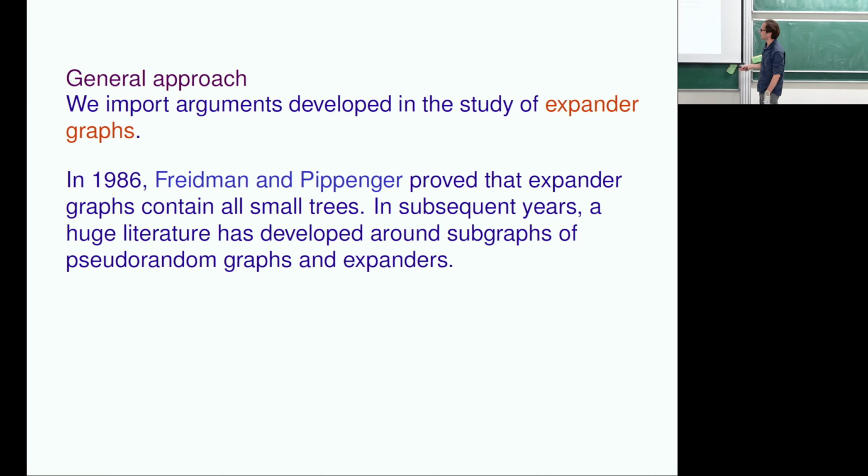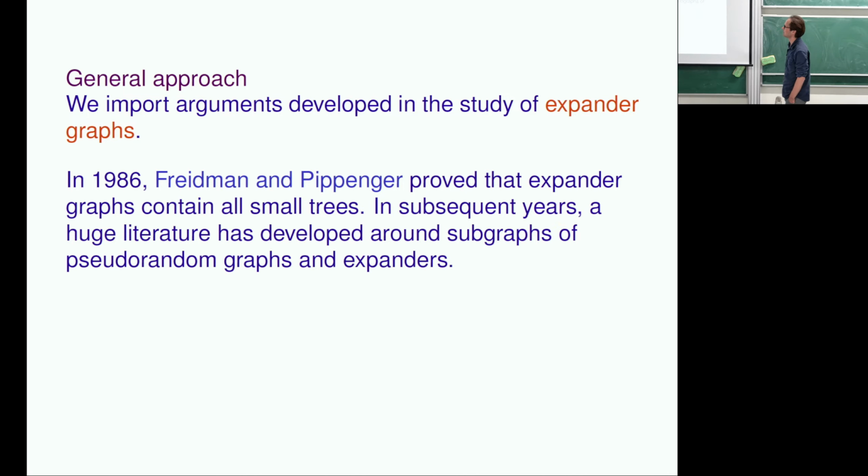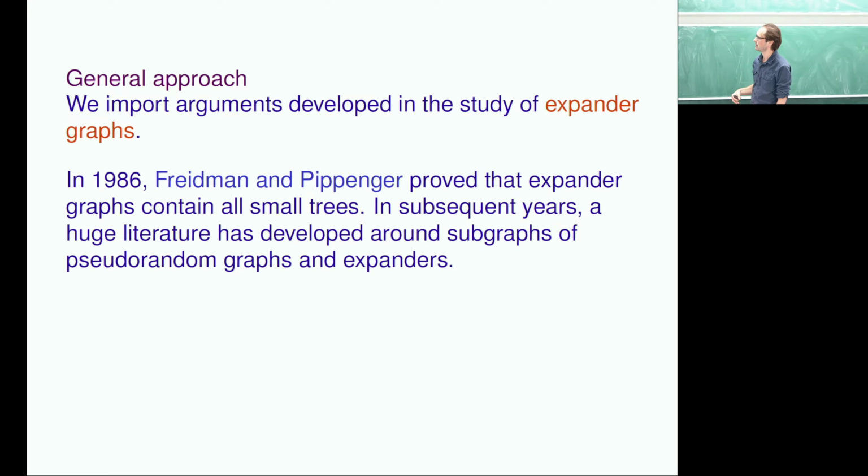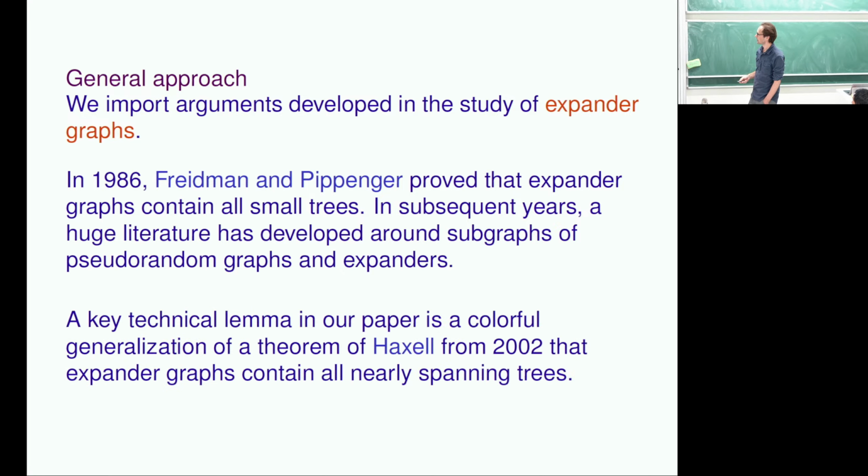The technical background is that there's a famous result by Friedman and Pippenger from 1986, who showed that expander graphs contain small trees. And this has been improved many, many times. The key technical graph theory part of our paper is that we prove a colorful generalization of a theorem of Haxell from 2002.